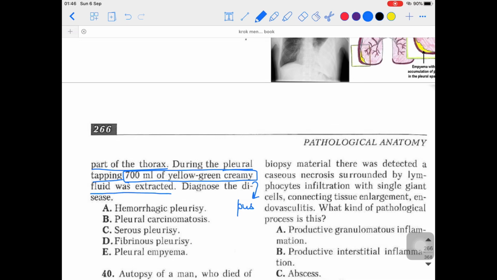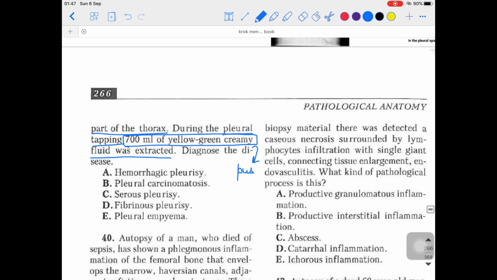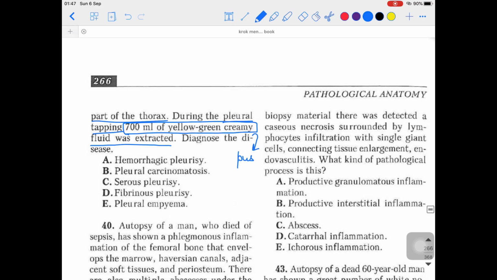Once we know that this is a type of suppurative or purulent inflammation, but that is not given in the options, we should know the particular type, and that is actually the empyema. Which empyema are we talking about? Because they are talking about the pleural cavity and pleural tapping, it's going to be pleural empyema definitely. So pleural empyema is going to be the answer for sure. Now let me talk about the pleural empyema.